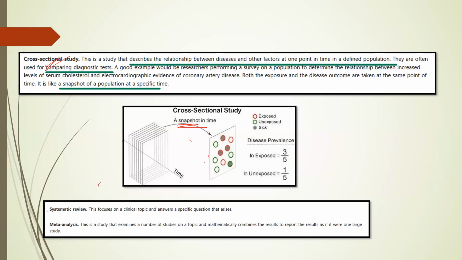Then what is systematic review? Systematic review, remember, focuses on a clinical topic and answers a specific question with respect to the topic. And what is meta-analysis? Meta-analysis is a number of studies on a particular topic, and it combines the results of all the studies and ultimately gives an end result.